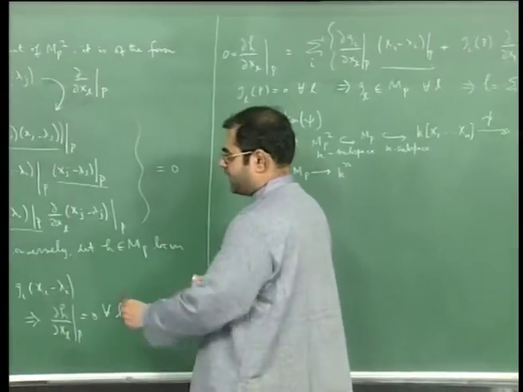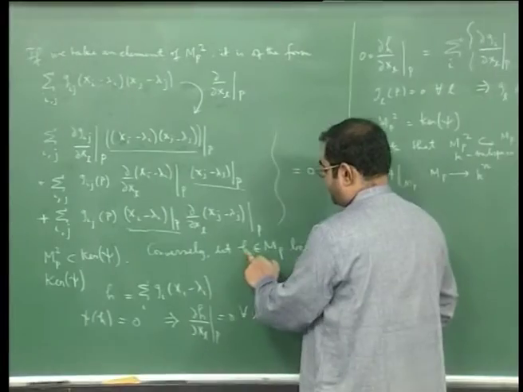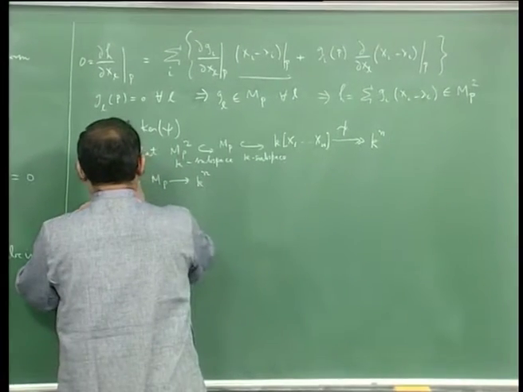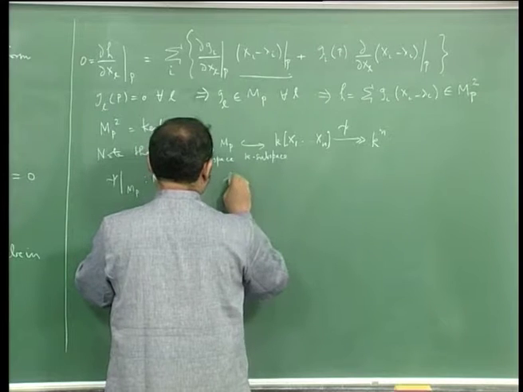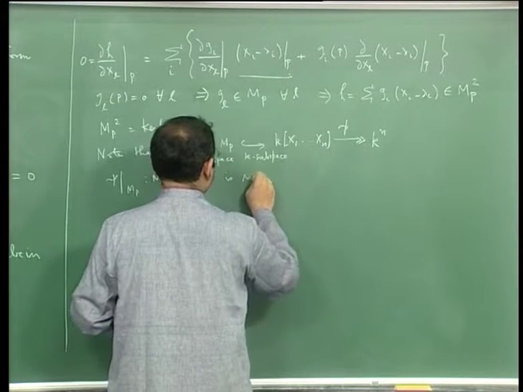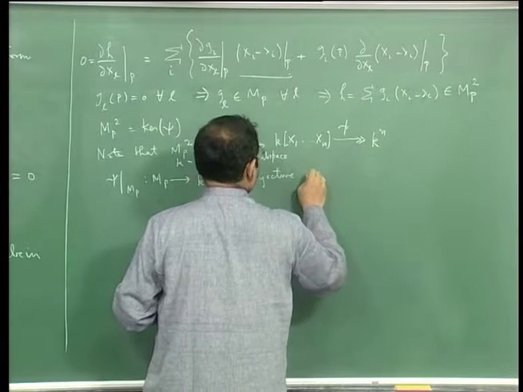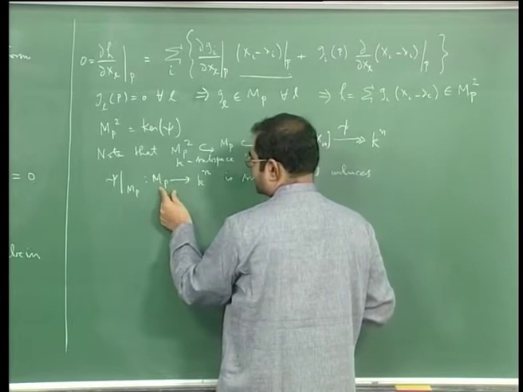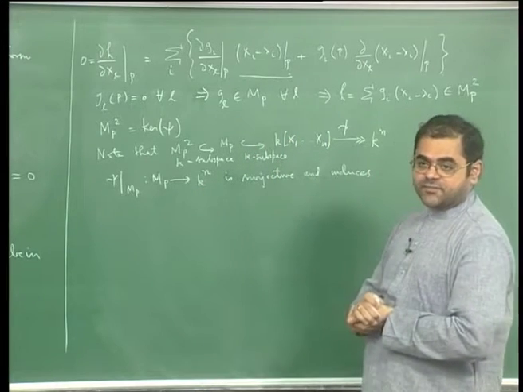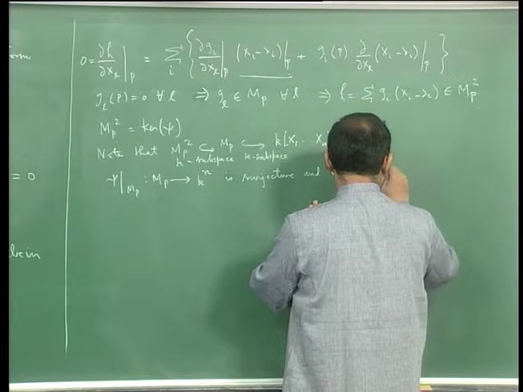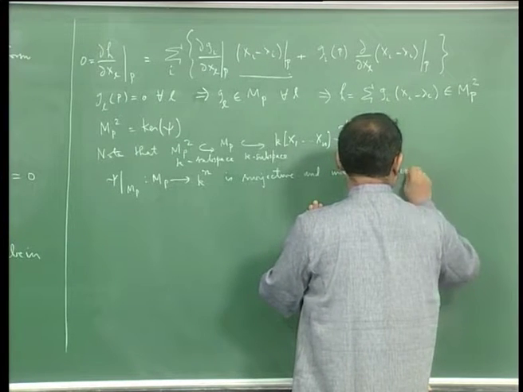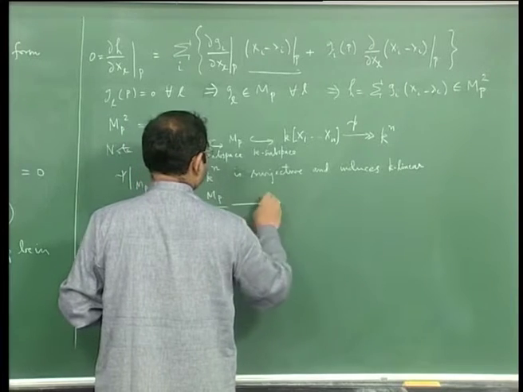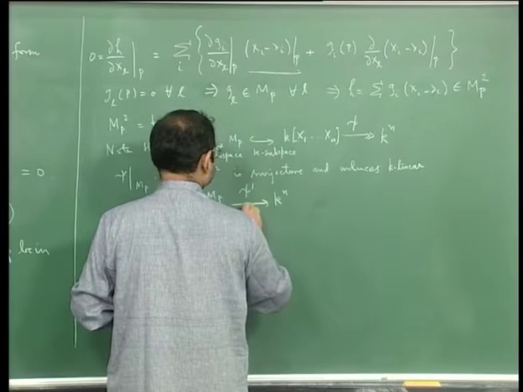Because I am taking H in M_P, I am looking at the kernel of psi restricted to M_P. It is surjective because the images of the generators of M_P under psi give you the standard basis, and it induces a K-linear isomorphism from M_P mod M_P squared to K^n, and let me call this isomorphism psi prime.